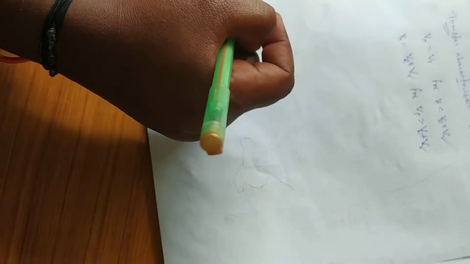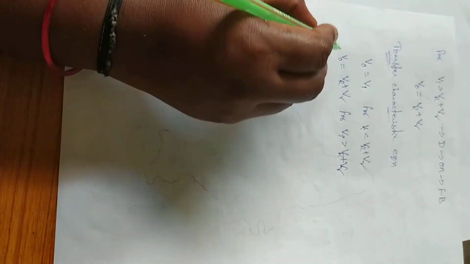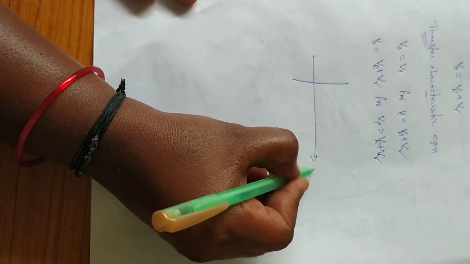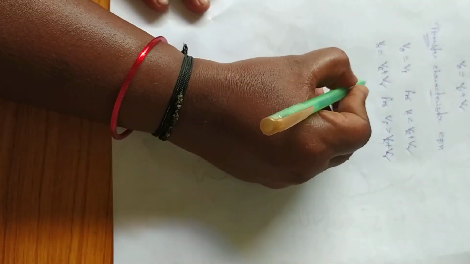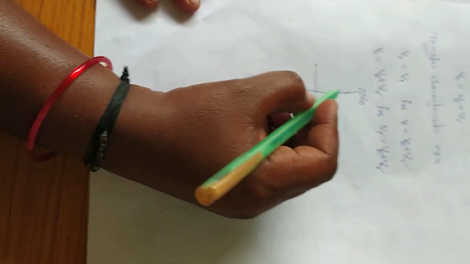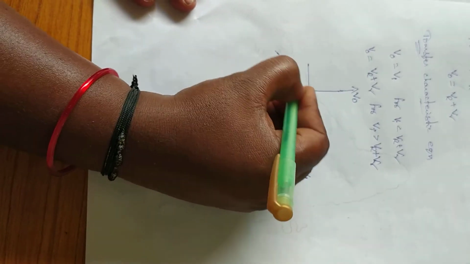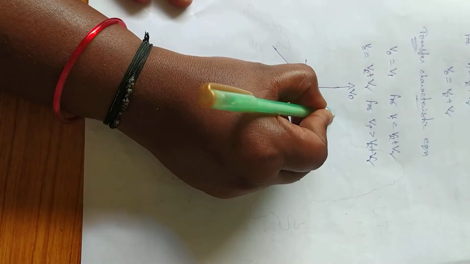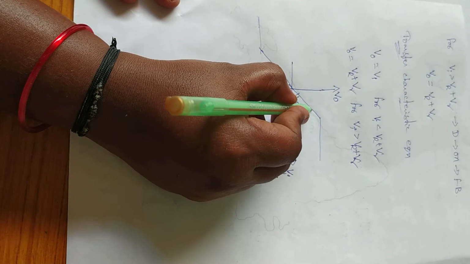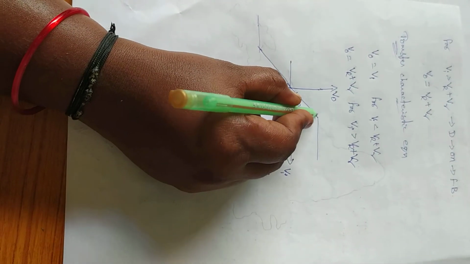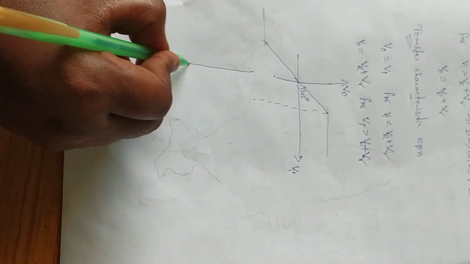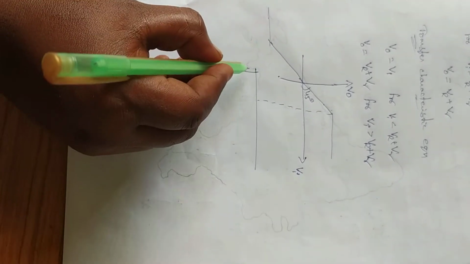Next we have to draw the transfer characteristic curve. This is the transfer characteristic curve. Transfer characteristics means it is drawn between output and input. Here the diode is linear, so this is a line with 45 degrees. I am drawing the input signal like this.